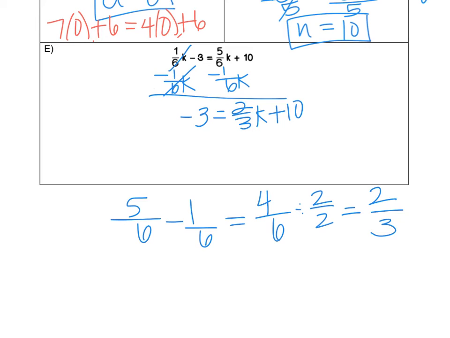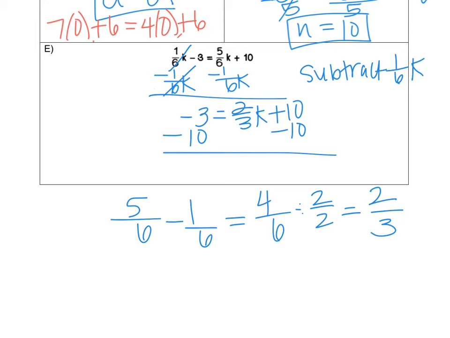Alright, so now I got all of my k's to the right side of the equation, so now I need to get my numbers to the left side. So I'm going to subtract this 10 and bring it over here. Oh, and I forgot to write out my steps. So that first step was to subtract 1/6 k. And now we're subtracting 10.